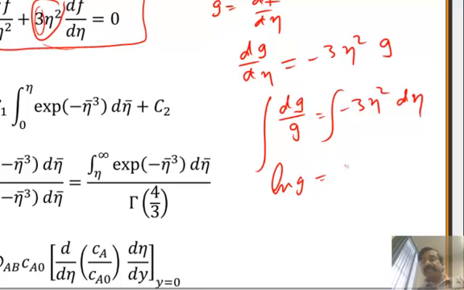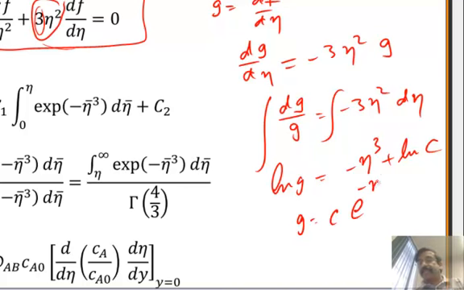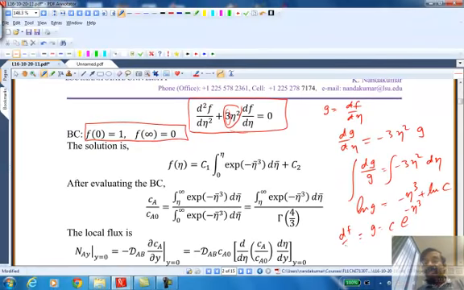And so the 3 will cancel out, so you will get minus eta cubed plus an integration constant, which I'm going to call log c. Okay. Now take the exponential of both sides, and you can write this as g equal to C e to the power minus eta cubed. But g is nothing but df d eta.